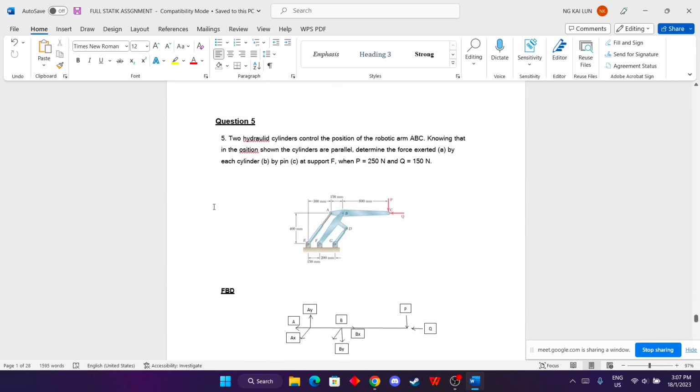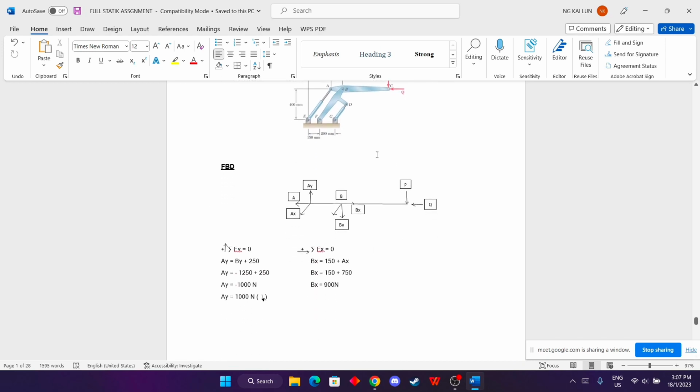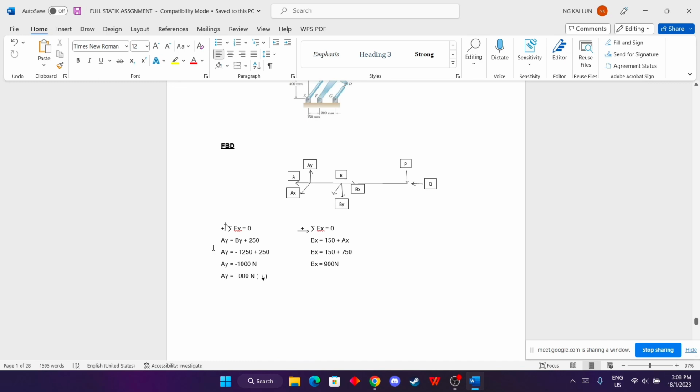We got the FBD full here, and then we derive the force at Y, which is Fy equal to 0, and then Ay at the point A equal to By plus 250.